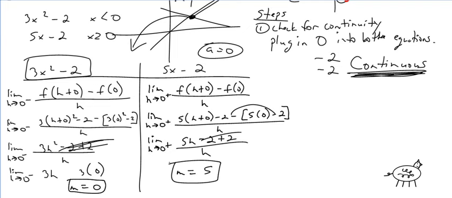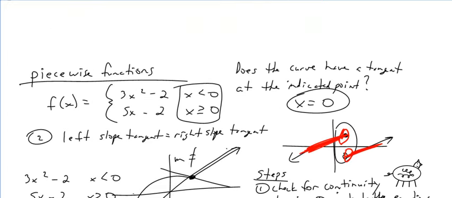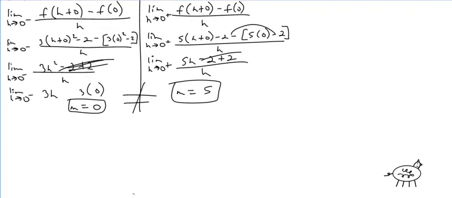So what can you tell me about that? These slopes are not equal. These are the slopes of the tangent lines at that point, and those slopes are not equal. So the answer to the original question, does the curve have a tangent at the indicated point?